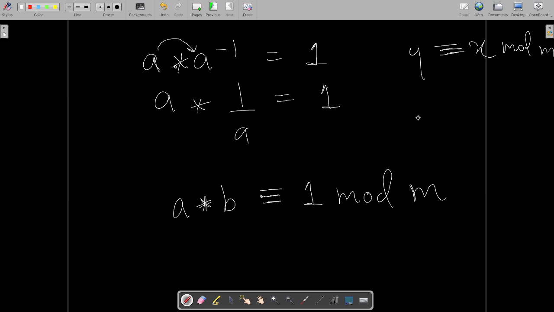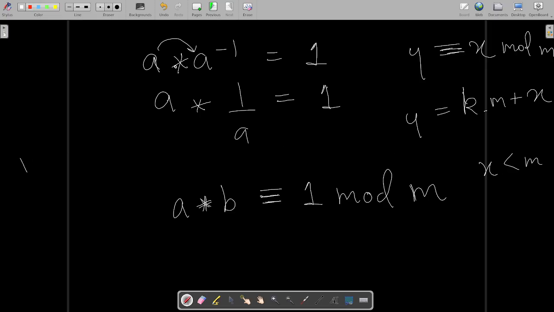This can be equal when y is something like k dot m plus x, and let's say x is less than m. So under the mods, both the numbers will be equal.